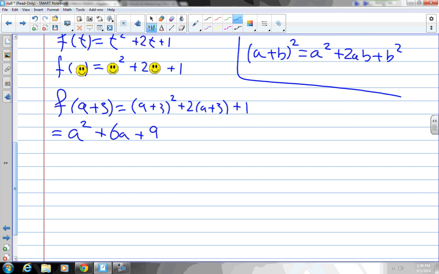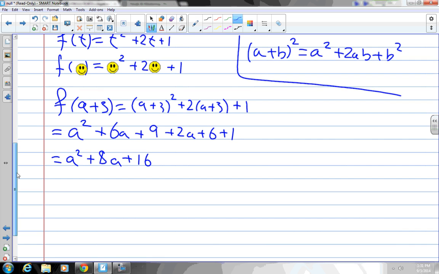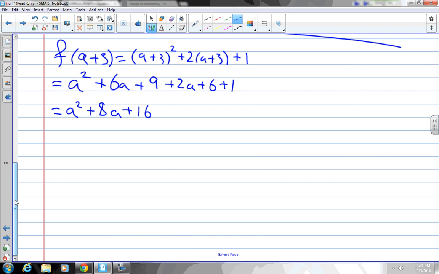You get the same result by FOILing, and please FOIL if that's your thing. Then distribute 2, and then plus 1. Combine like terms gives me a squared plus 8a plus 16. Is that okay? Good.